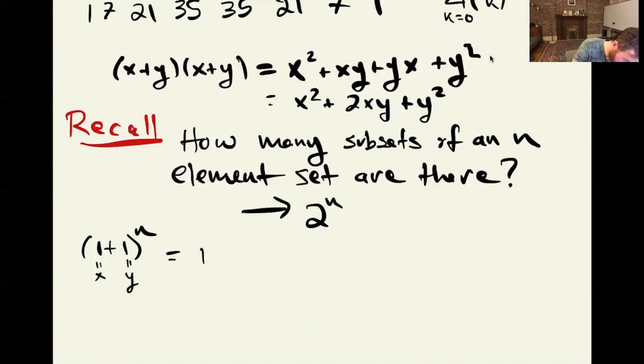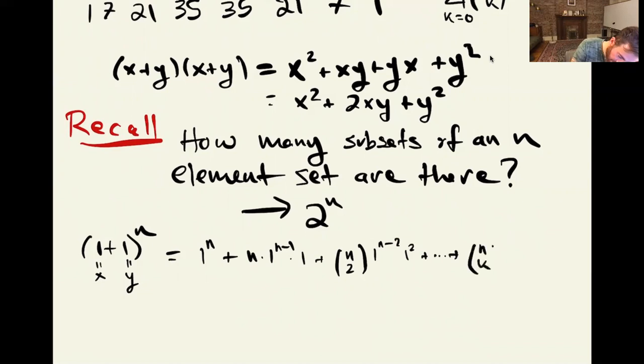I should have 1 to the n plus n times 1 to the n minus 1 times 1 plus n choose 2 times 1 to the n minus 2 times 1 to the 2, continuing on through n choose k, where I have 1 to the n minus k and 1 to the k. Of course, all of these are just equal to 1.